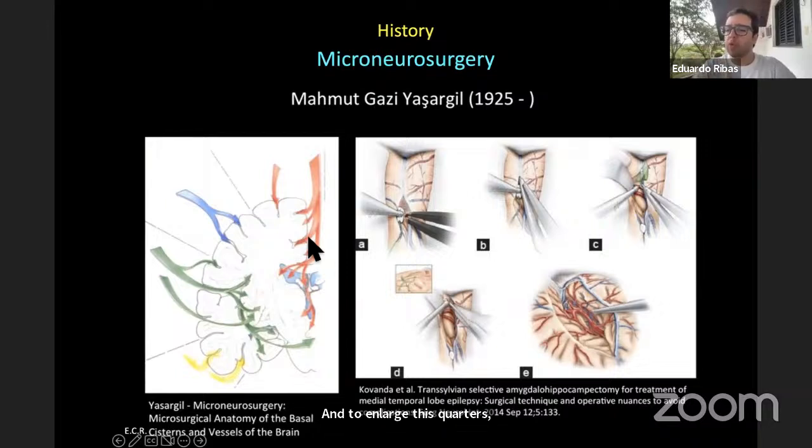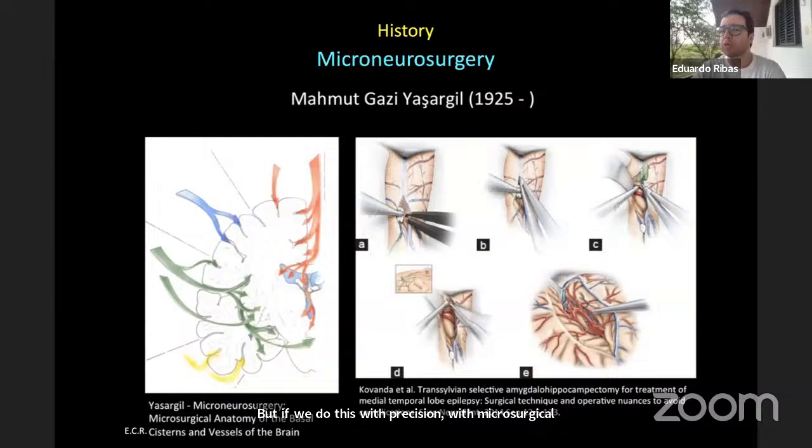So we use the microscope, we use very fine instruments to get inside the sulci and the fissures of the brain. Of course, we will have to deal with the vessels. Arteries and veins are inside these natural spaces of the brain. But if we do this with precision, with microsurgical techniques, we can really unfold the brain.